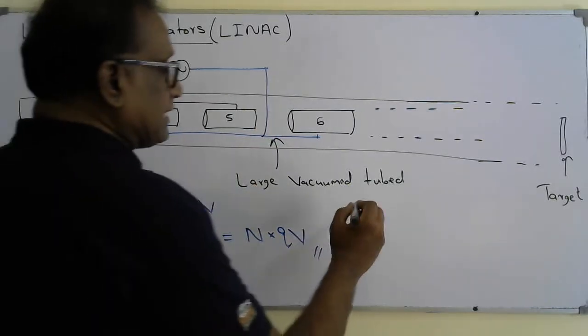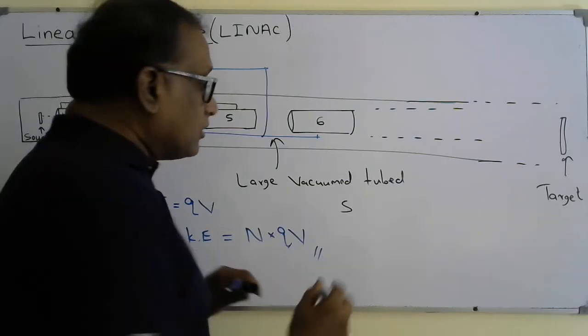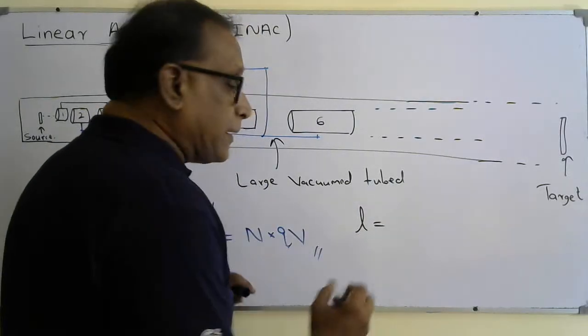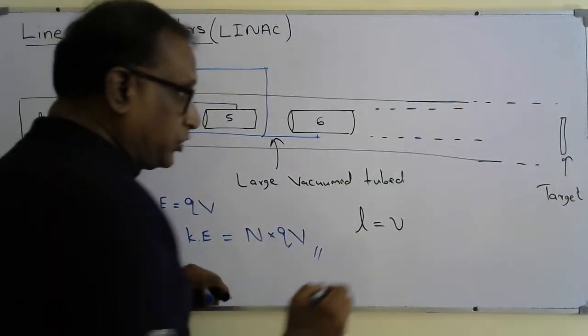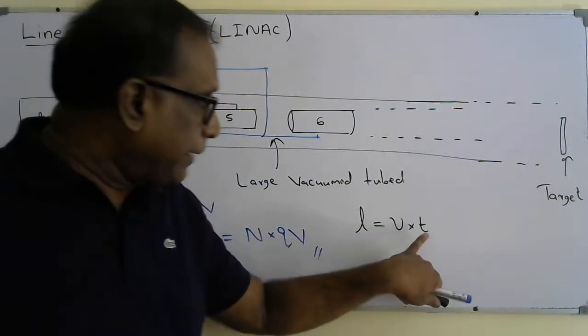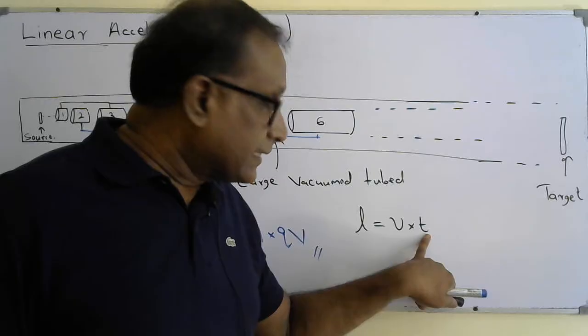Inside the drift tube the particle is moving at constant speed. So the length of the drift tube should be the speed of the particle at which it enters the drift tube times the time it spends inside the drift tube. The time it spends inside the drift tube is equal to half the period, so that is constant.